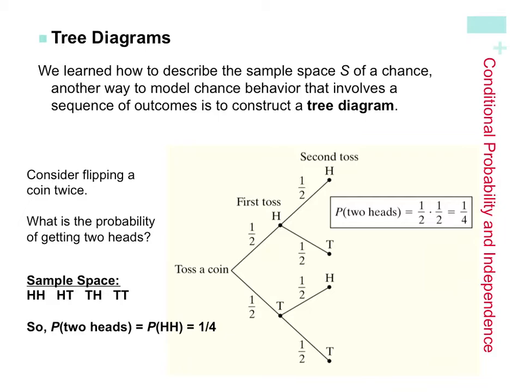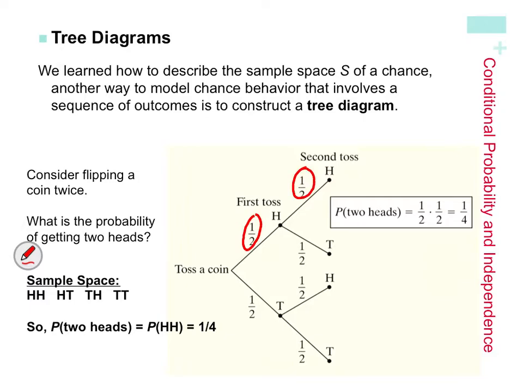Every time you branch off, it goes to its different probabilities. Initially it's half heads, half tails, and then off of each one of those is heads, tails. You can read this as: the probability that the first coin toss will be heads and the second coin toss will be heads would be 1/2 times 1/2.